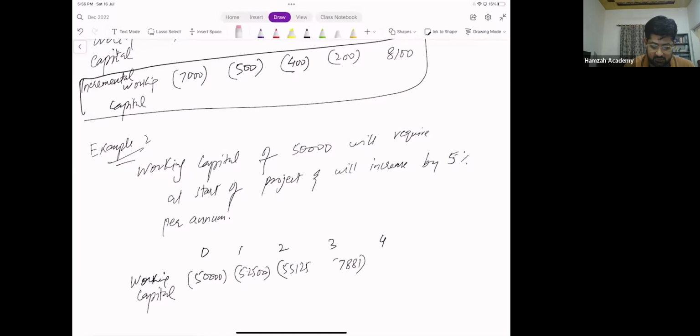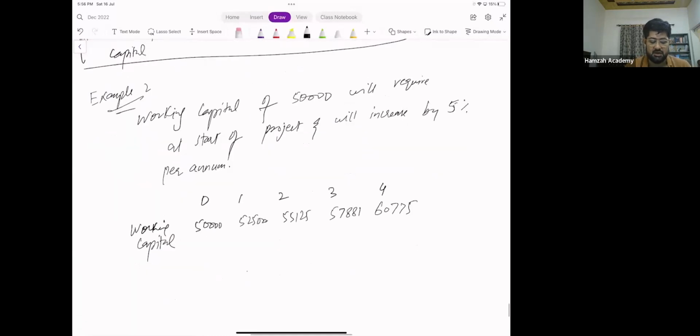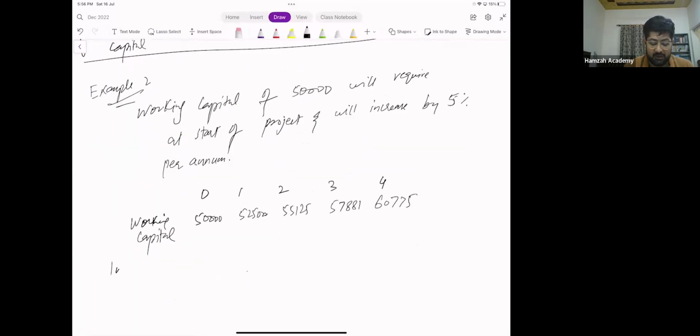Sorry. And the next is 60,775. Now, this is the working capital with a 5% increase.